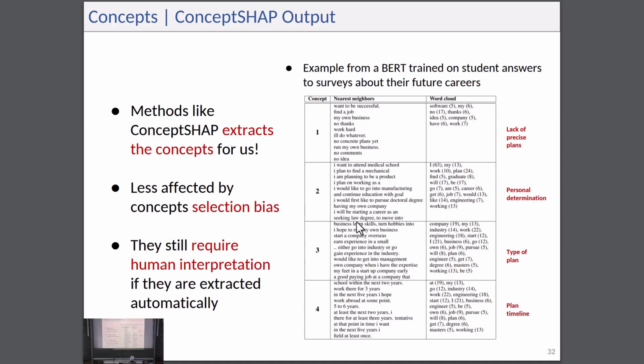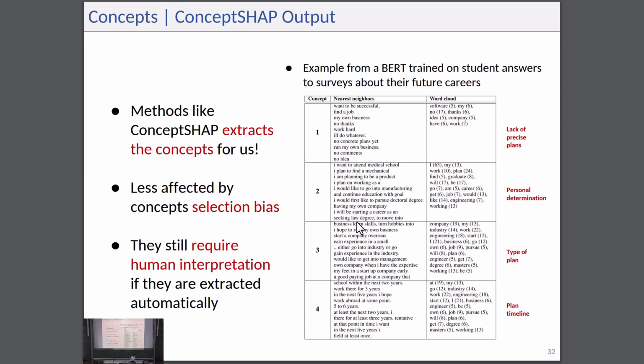Once they trained a BERT model that would take all the answers from the students and then predict what they would do, they said, oh wow, probably this model has figured out a lot of stuff, and we could either look at the data or we could look at what the model has learned and try to learn from the model instead of from the data, because it's just a lot faster.